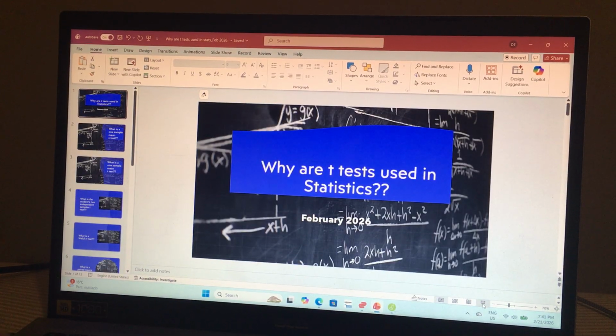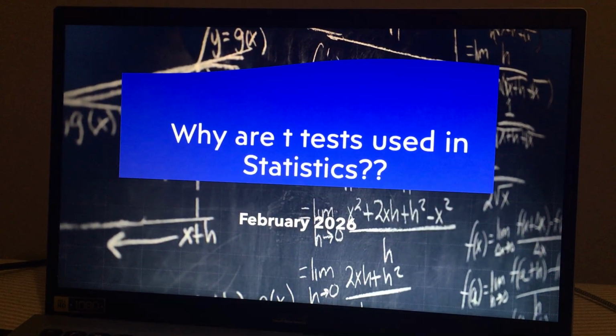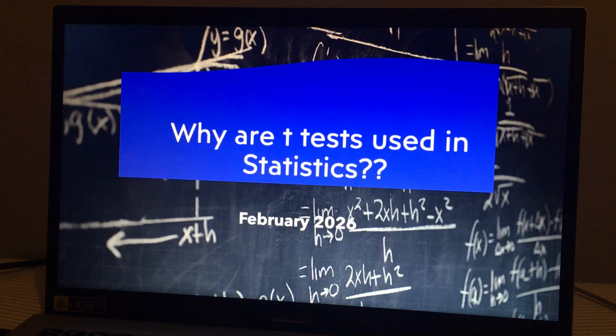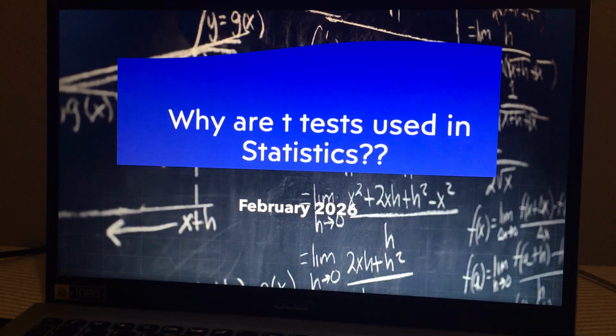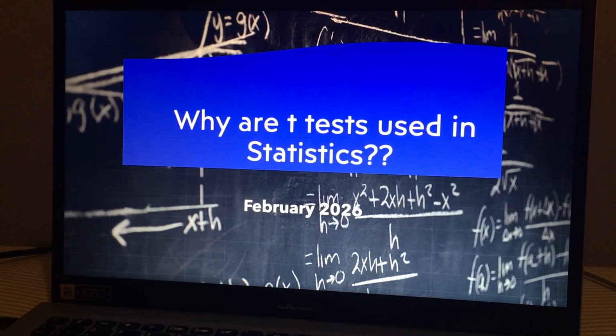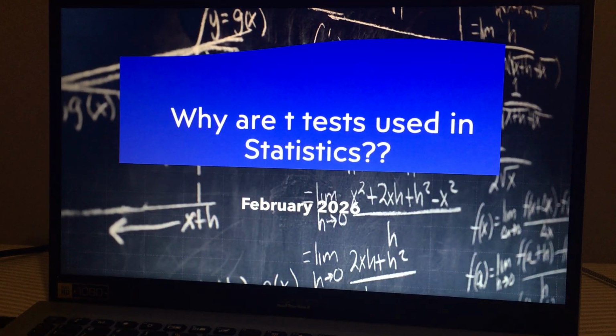All right, so we're going to go back and summarize, right? So why are t-tests used in statistics? That was the whole point of going through this chapter. We did cover a lot of content, and so what we went over was the one sample mean z-test, okay?